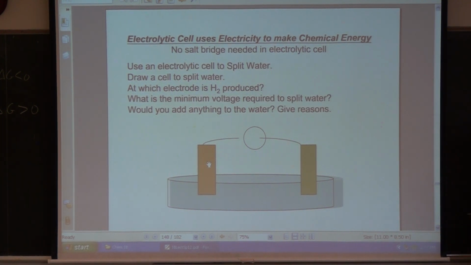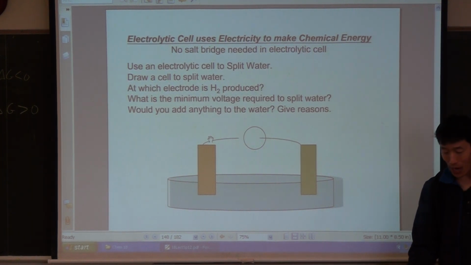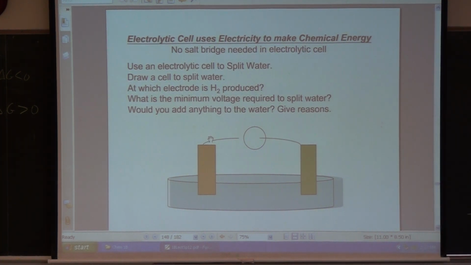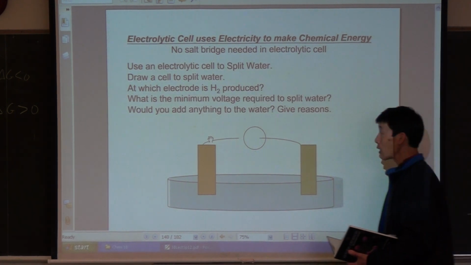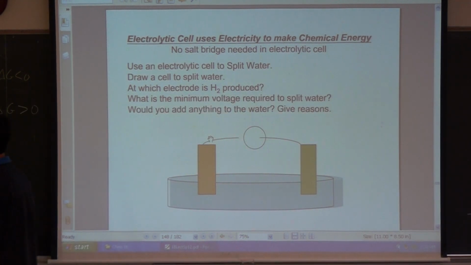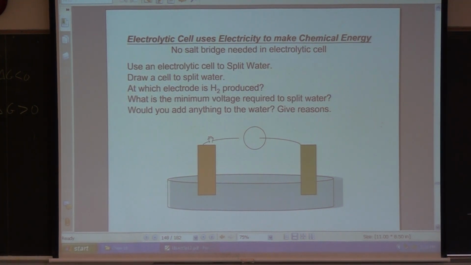Let's take a look at table 19.1 and try to find an oxidation and reduction half reaction to produce H2 and O2.